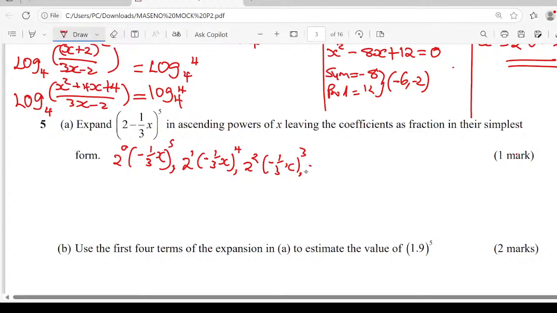So the next one is going to be 2 raised to power 3 into negative a third x power 2. Then 2 raised to power 4 into negative a third x power 1. Then finally, the last term will be 2 raised to power 5 into negative.